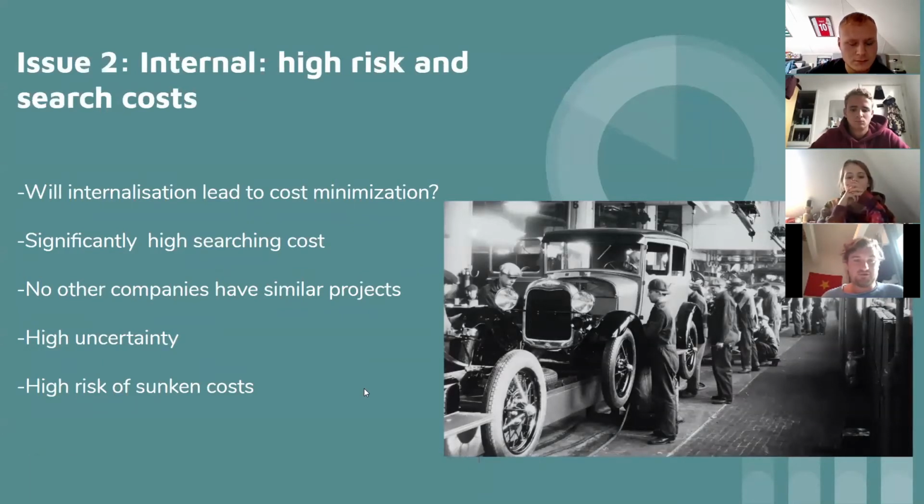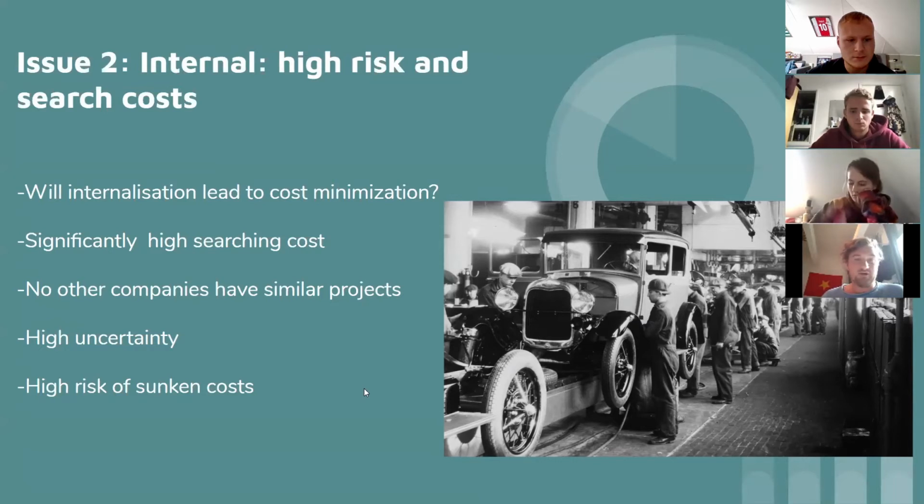So Ford should try to solve the following question. Will internally solving the problem lead to cost minimization? The assembly line project comes with very high searching cost, and no other company has tried to invest in such a project. Therefore, little is known about other companies and about all the uncertainties which could come up during the project.